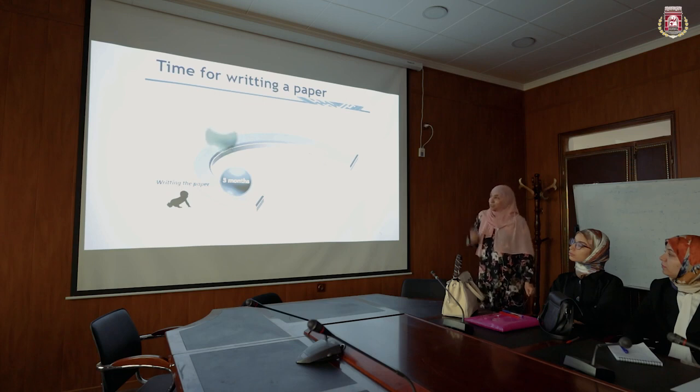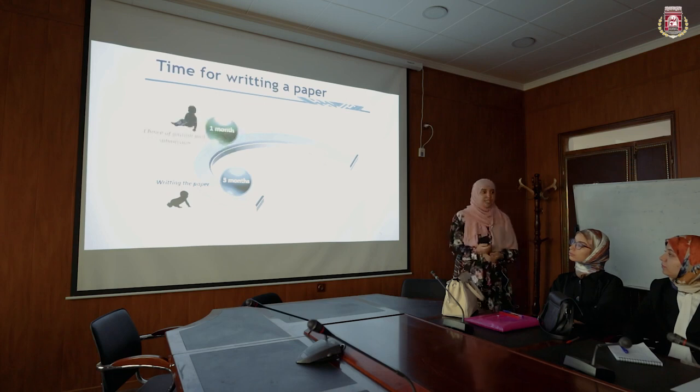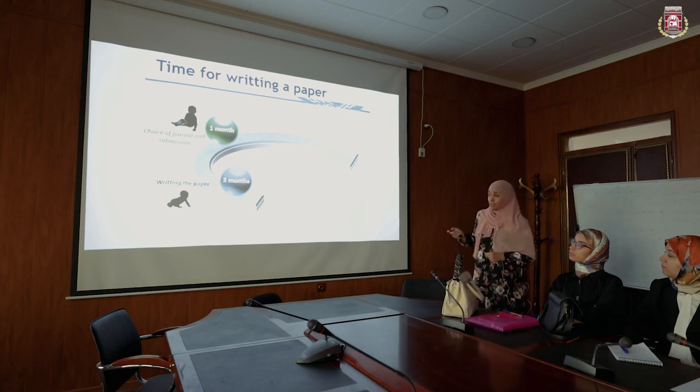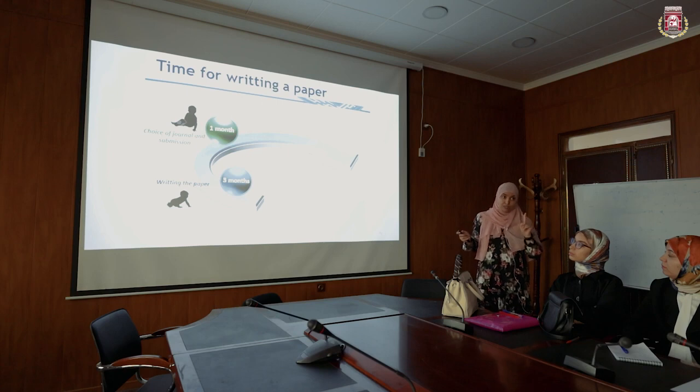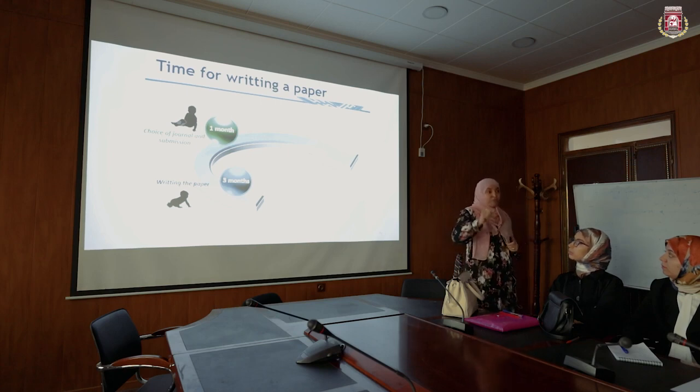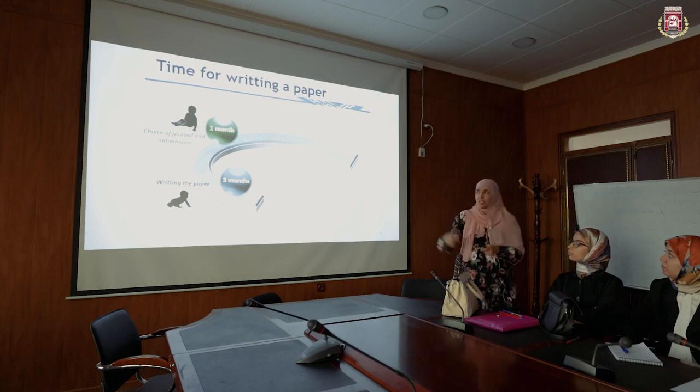So the next step, what is it? After writing the paper: choice of journal and submission. This step takes maximum 1 month. Why? Using AI tools, we can find the suitable journal for our manuscript, and we will see how.